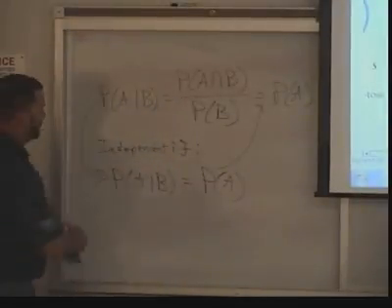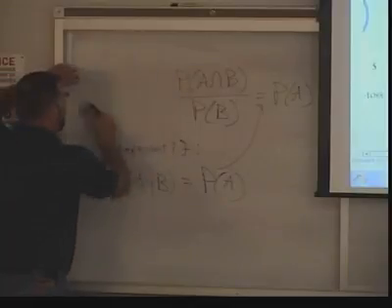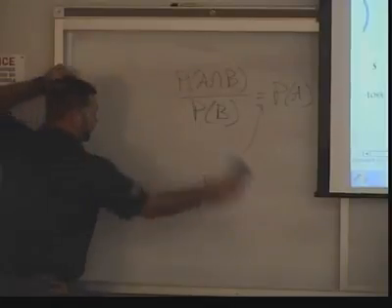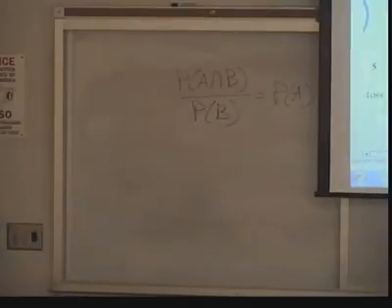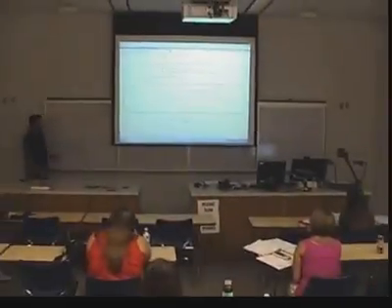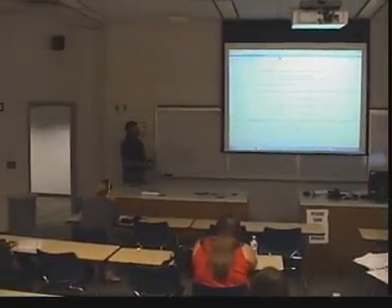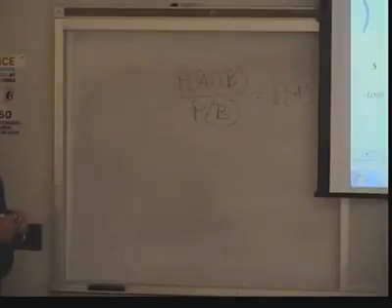So I know A and B are independent, all right? That's given. I want to solve that equation for the intersection. So what do I do to solve this equation for the probability of A intersect B? What do I multiply both sides by?